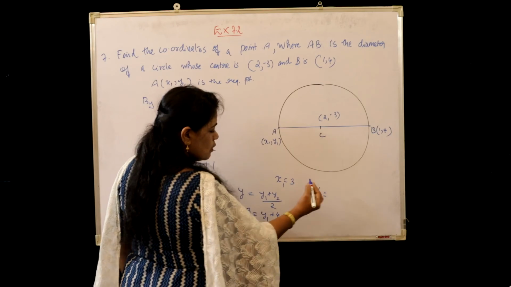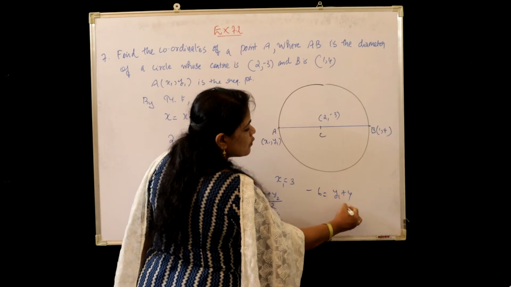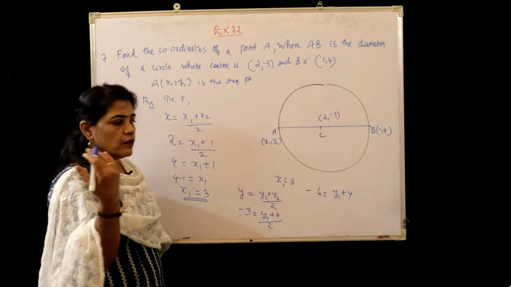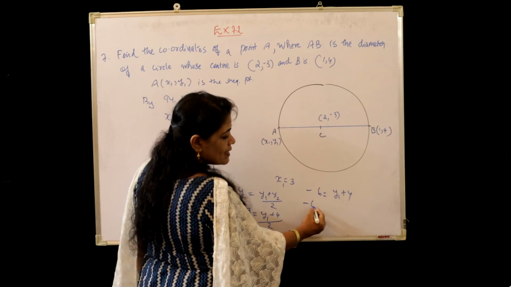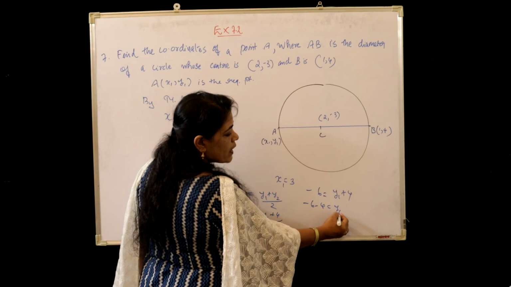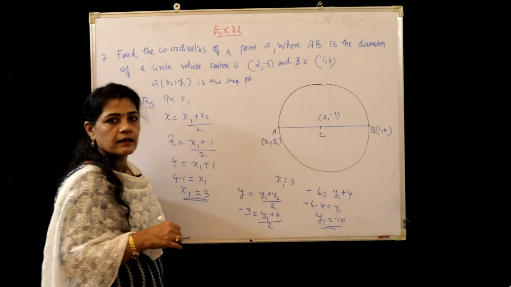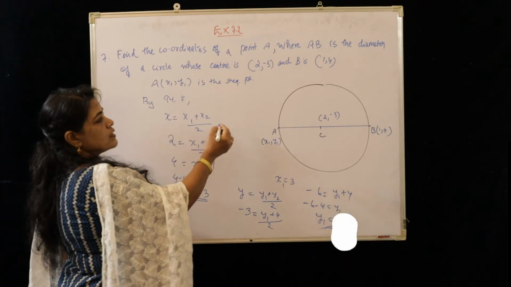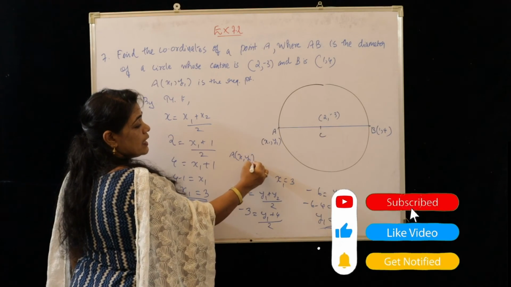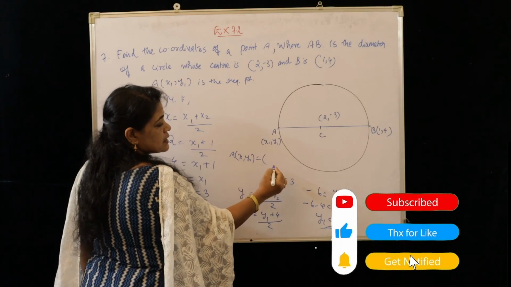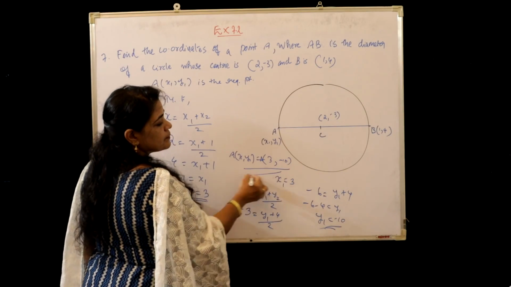Minus 6 is equal to y1 plus 4. In order to keep y1 alone, you can take 4 to this side. So minus 6 minus 4 is y1, or y1 equals minus 10. So the coordinates of A of (x1, y1) are (3, minus 10).